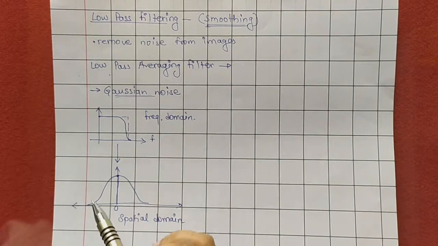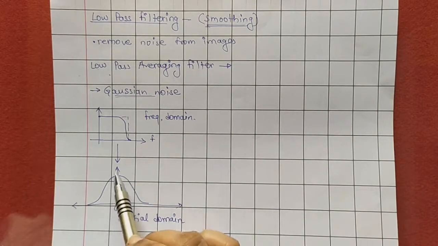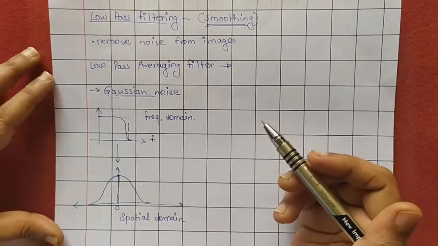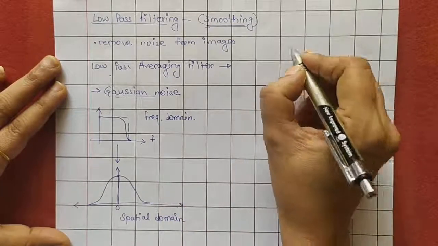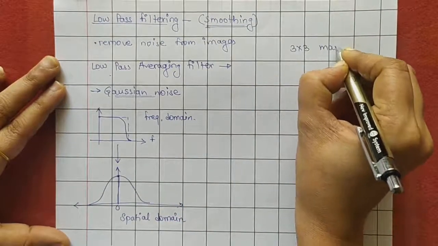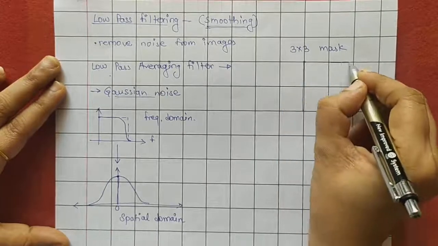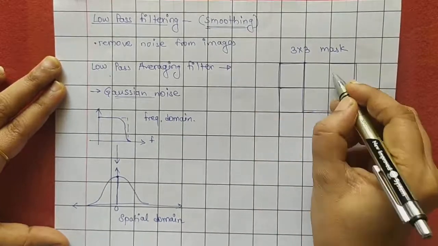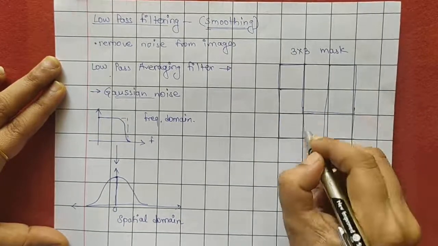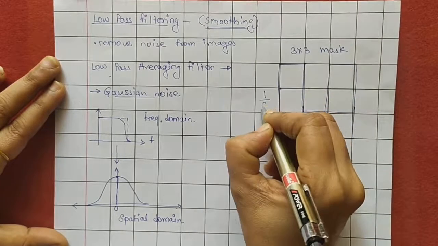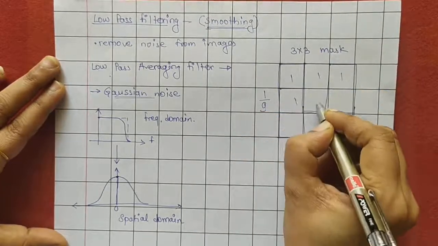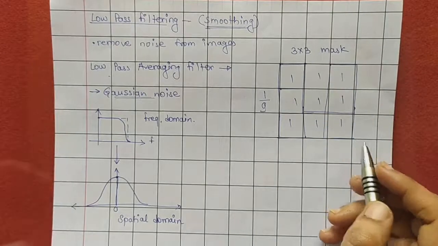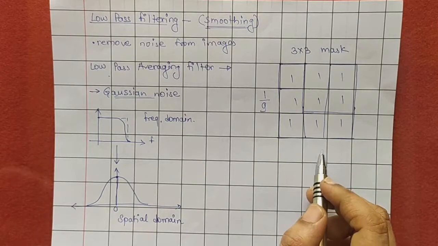One more thing, all the coefficients of the low pass averaging filter have positive values, and based on this we can define a 3 by 3 mask, so 1 by 9 into 1 1 1 1 1 1 1 1 1. So this is the 3 by 3 mask for the low pass averaging filter.